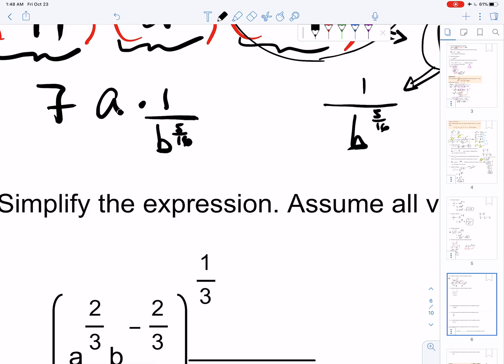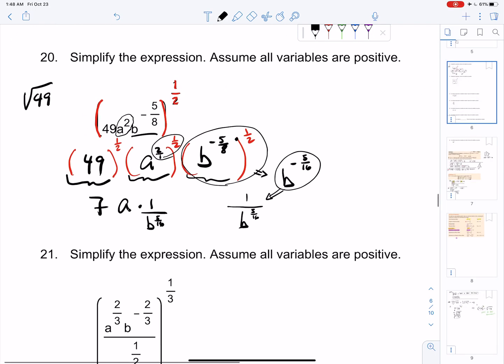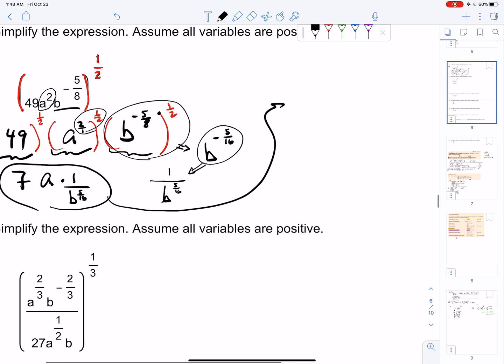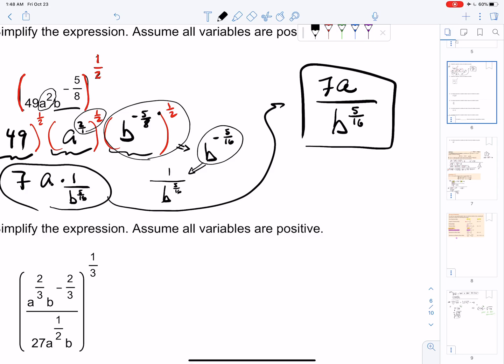So my final answer, running out of space here, when I multiply all that together, is a 7a up top, and this b to the 5/16 is down below. And that's the answer. 7a over b to the 5/16.